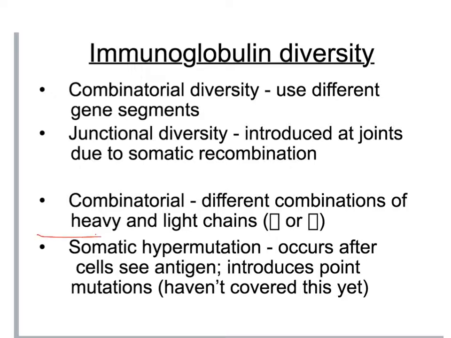We haven't finished what you're going to do with an antibody. There's something later on called somatic hypermutation. You make a B cell receptor, and after you see an antigen, we can take that B cell receptor and tweak it a little more, trying to make it even higher affinity.